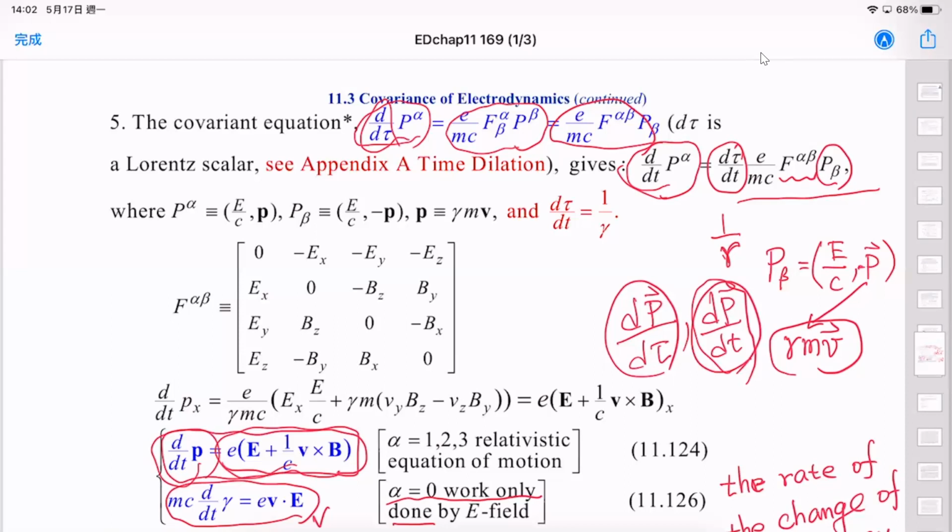Relativistic equation of motion. Alpha 1, 2, 3 is the relativistic equation of motion. The Lorentz force is QE plus 1 over C V cross B.